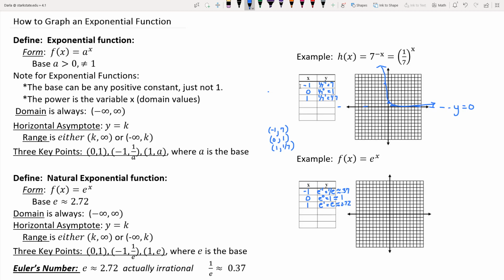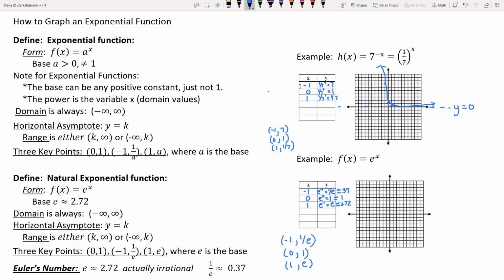So again, your points, and I'll rewrite with the actual exact values in, just so we can see again. What I want you to see is 0 is again paired up with 1, and that's what always happens with your exponential function. But notice -1 is paired up with the reciprocal of your base, and 1 is paired up with your base itself. And that will always be the case.